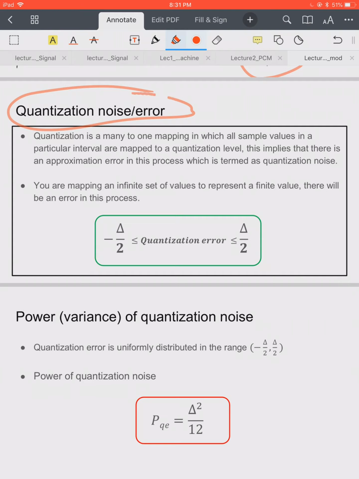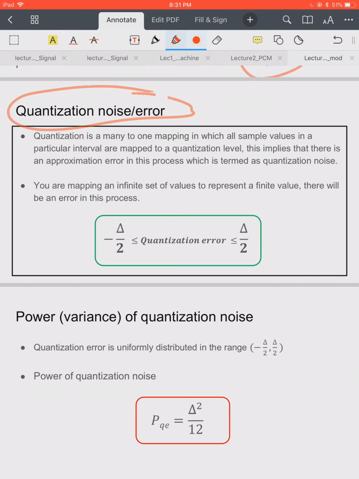So quantization is a many-to-one mapping, right? All sample values in a particular interval are mapped to a quantization level. This implies that there is an approximation error in this process, which is termed the quantization error.